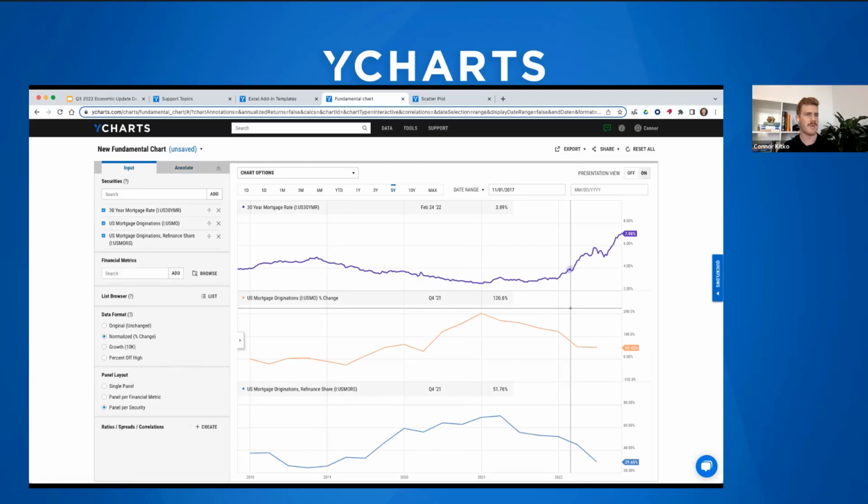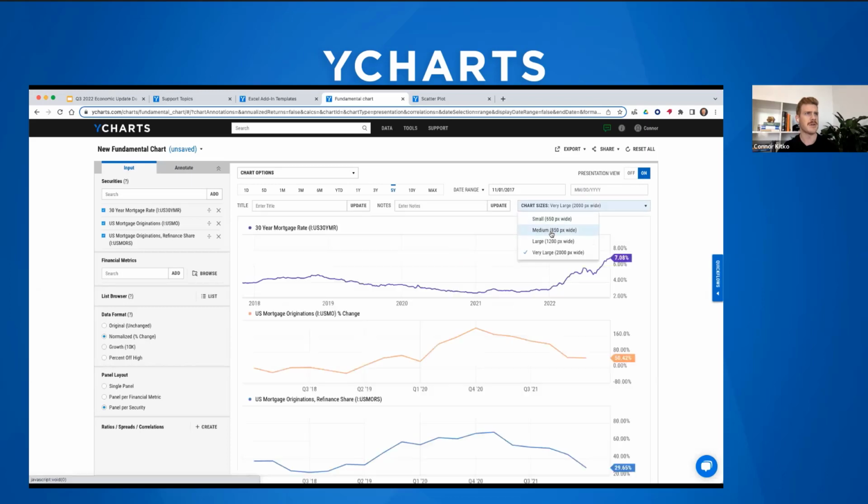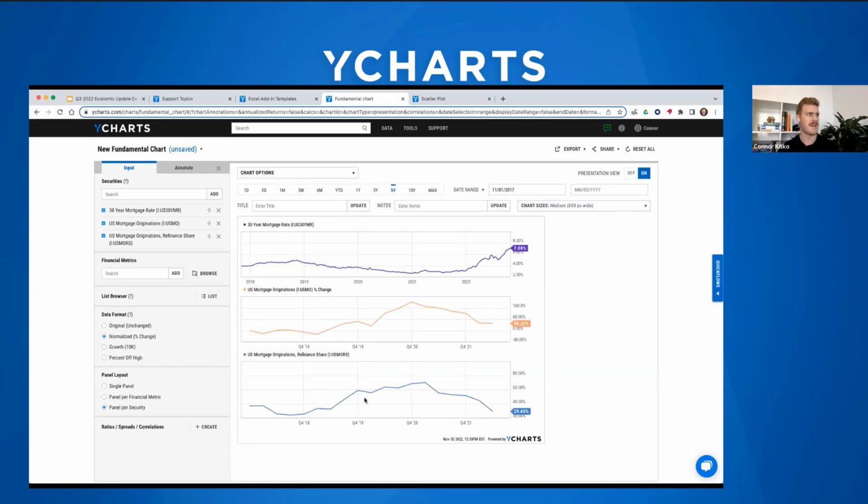And boom, that's the chart that we were looking at as far as I can tell. If I switch this into presentation mode, now you see what we saw, and I can export the data behind the chart, or I can download the image or print it out on a PDF.